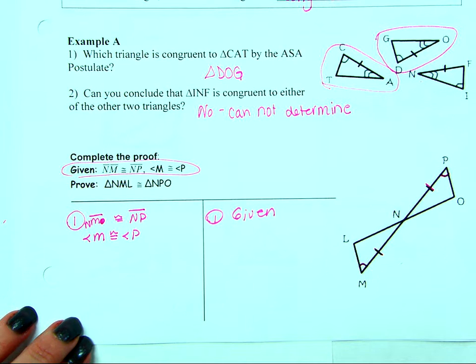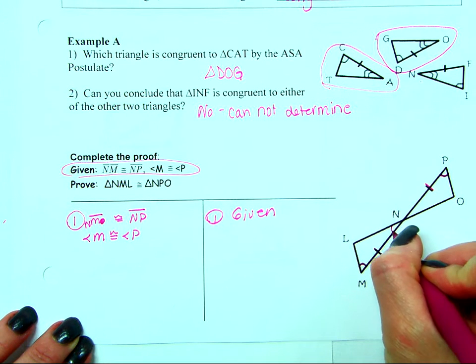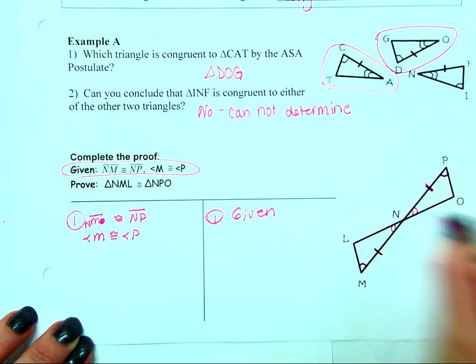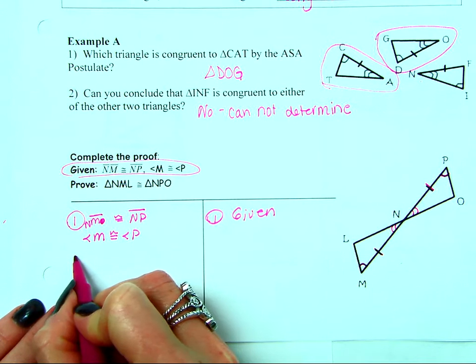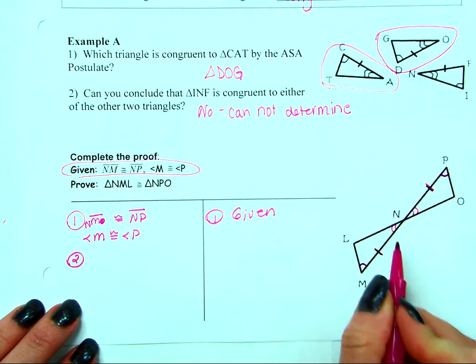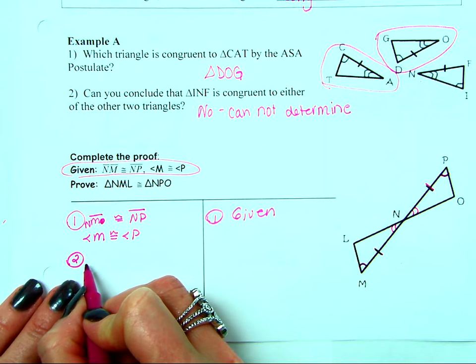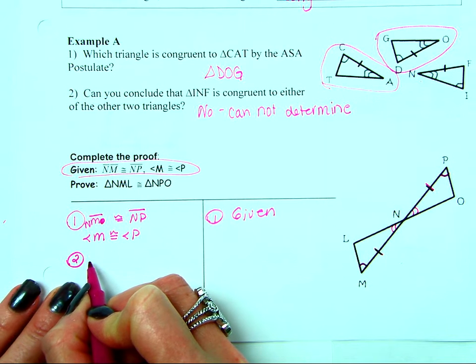However, I do see in that diagram that we have a set of vertical angles, and I can go ahead and mark that. If I come over here in my proof, though, when I make a marking, I need to make a statement. I actually need to name those angles with 3 letters.